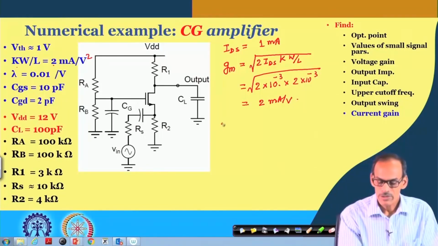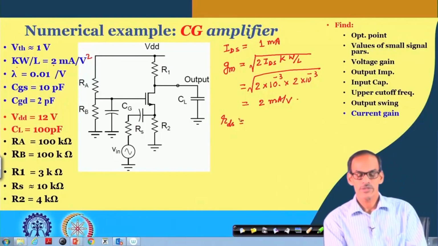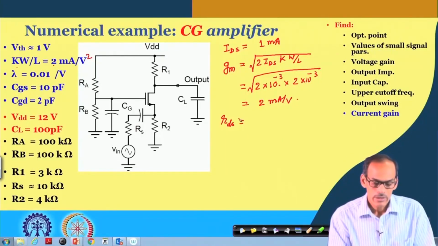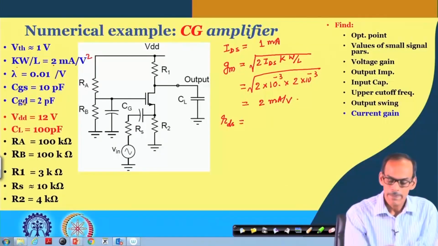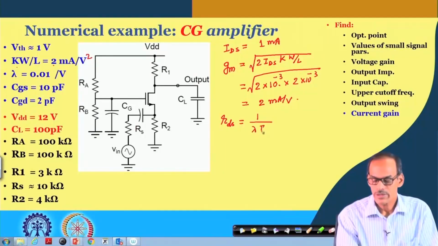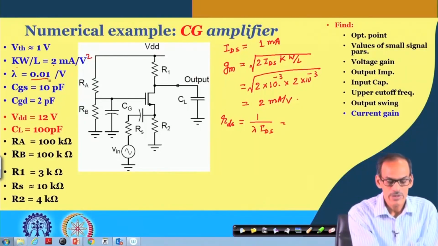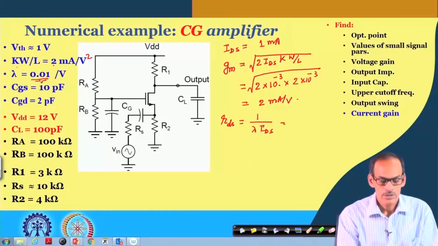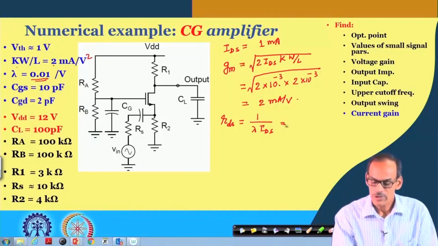The other parameter we are looking for is RDS, the small signal parameter, and this RDS is 1 by lambda into IDS, and lambda, it is given here, is 0.01 per volt.